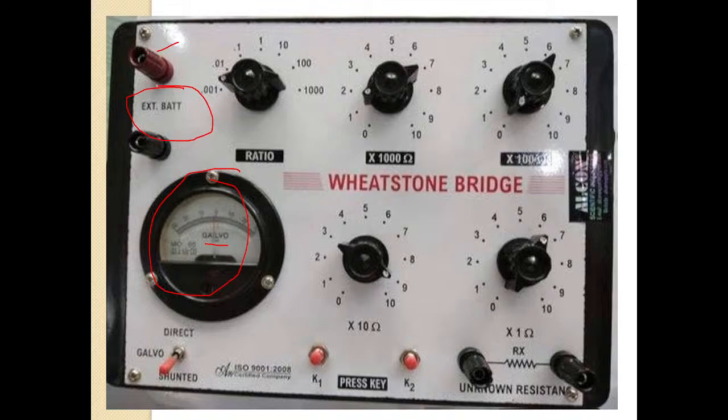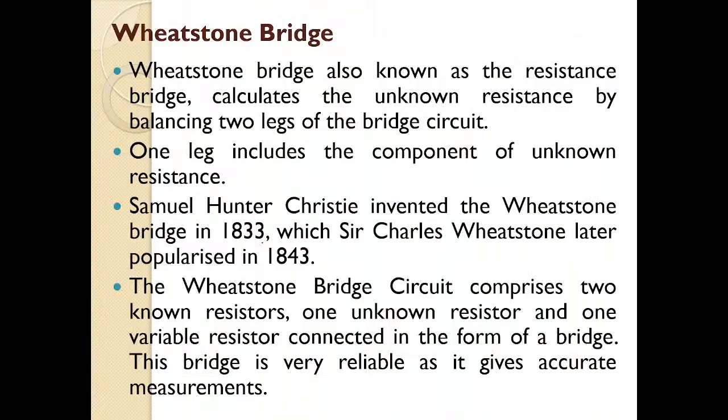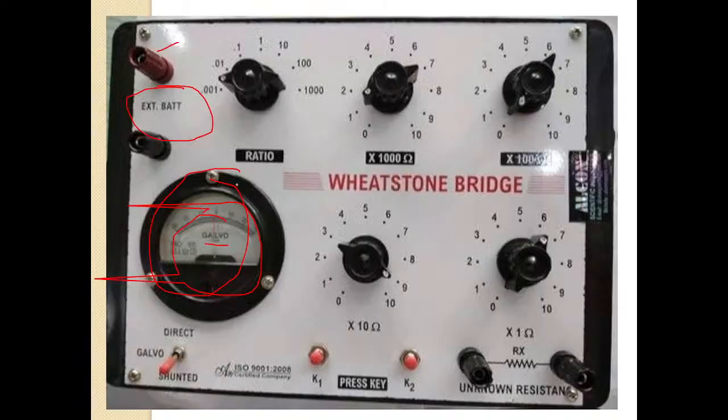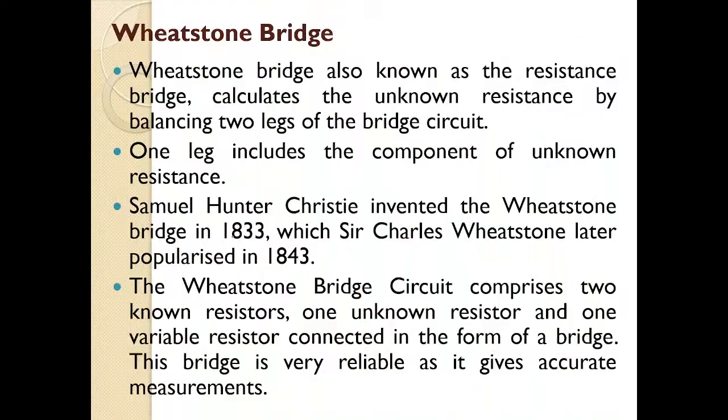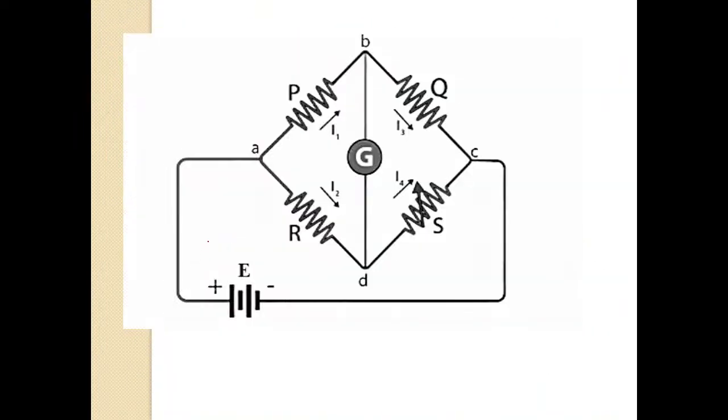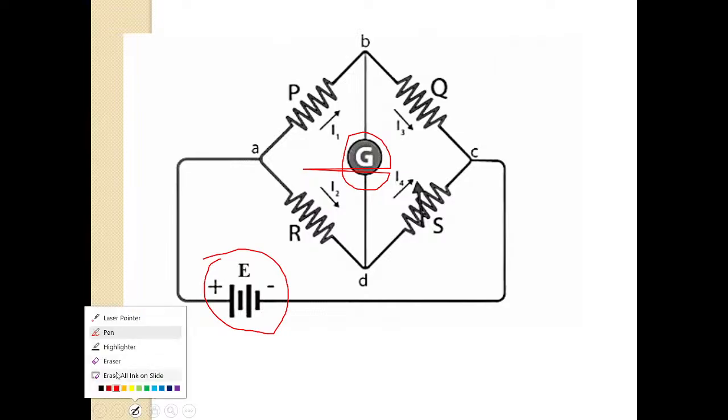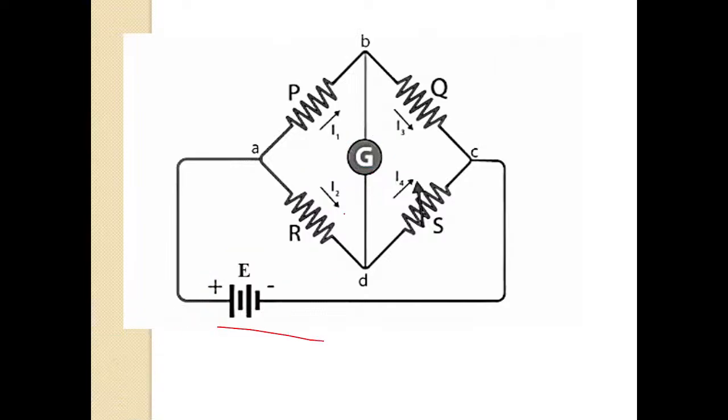So it consists of an external battery and a galvanometer. It can even have an internal battery also. Here in this image, this is our source E and this is our galvanometer in this bridge.